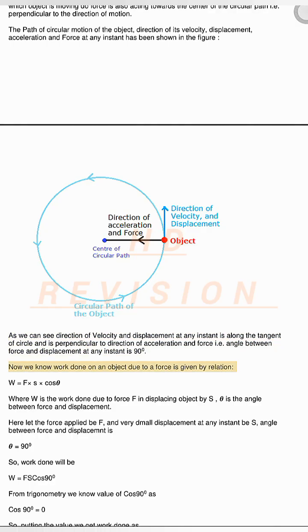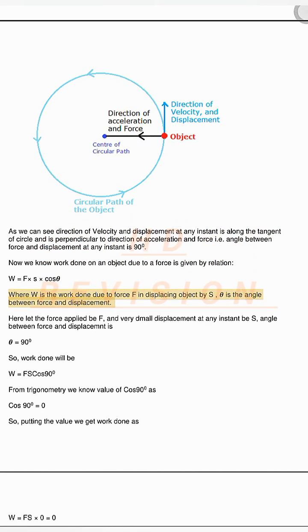Now we know work done on an object due to a force is given by the relation W equals F times s times cos theta, where W is the work done due to force F in displacing the object by s, and theta is the angle between force and displacement. Here let the force applied be F, and the displacement at any instant be s, and the angle between force and displacement is theta equals 90 degrees.